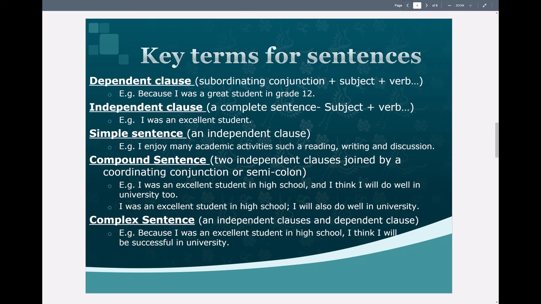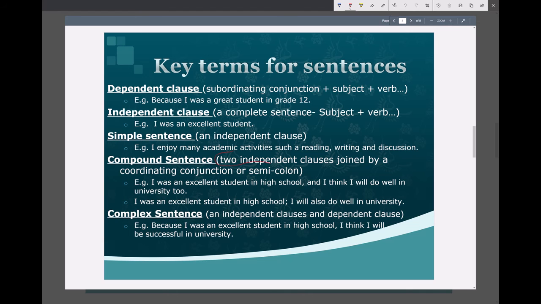It has two independent clauses. So we're using the second type, and we have 2 of them, and we join them together with a coordinating conjunction or a semicolon. And we're going to look at the examples later.